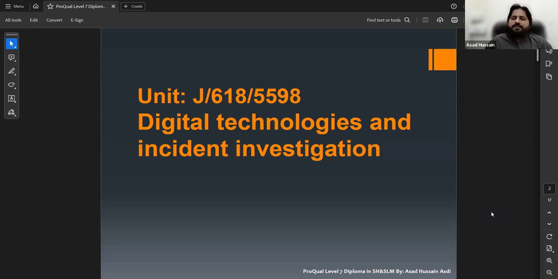So, first of all, what is the aim of this unit? The aim of this unit is to provide candidates with the knowledge of digital technologies and risk assessment approach to various types of hazards and incident investigations.